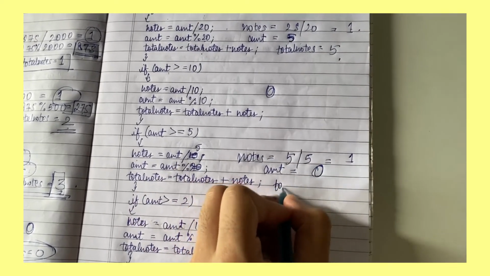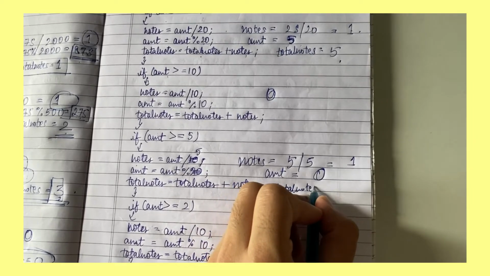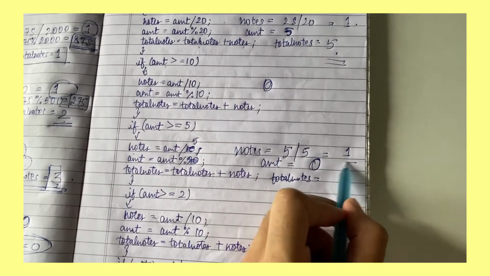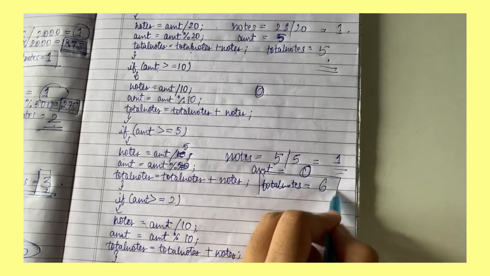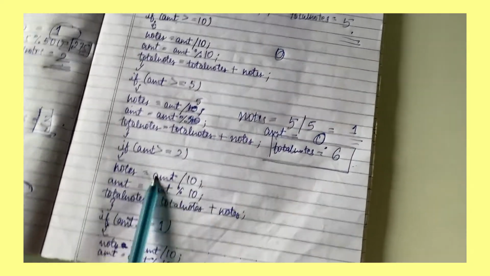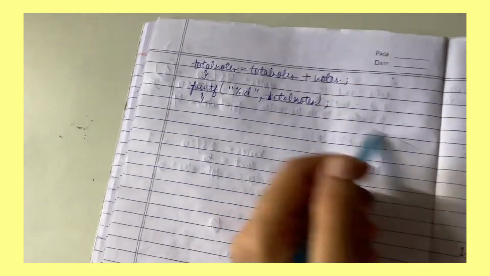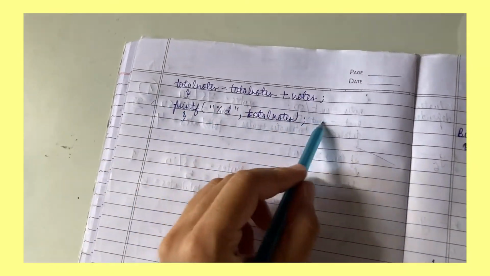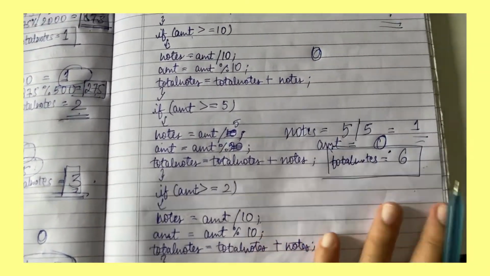Total notes will be total notes plus notes, that is 6. The amount is now 0, that means we've calculated all the notes. So we'll come out of the loop, and print the total notes calculated here, 6, so the output will be 6.